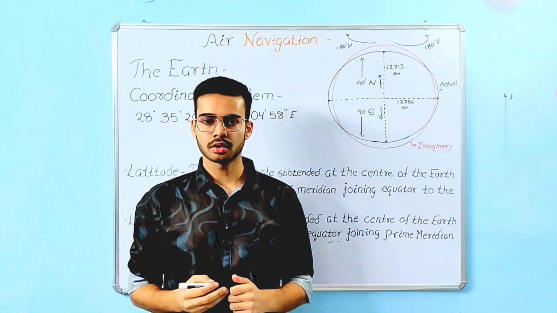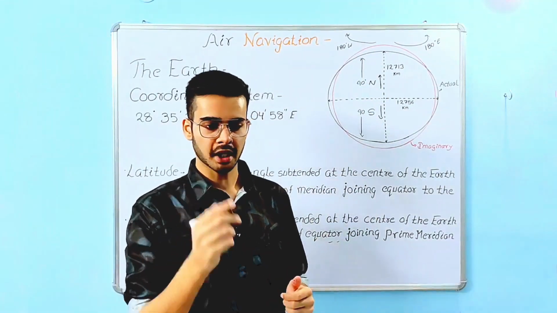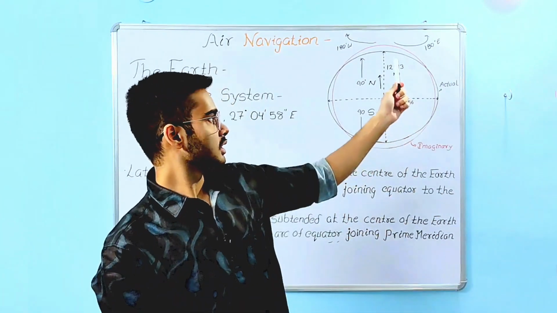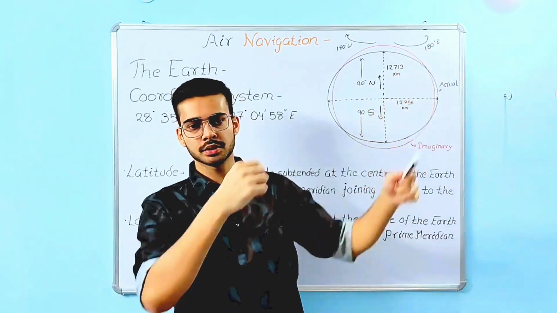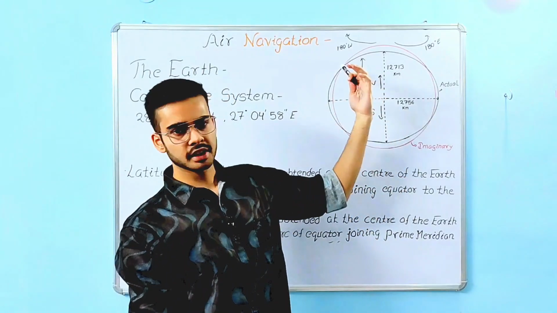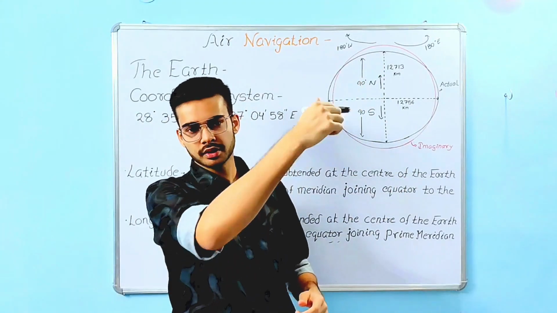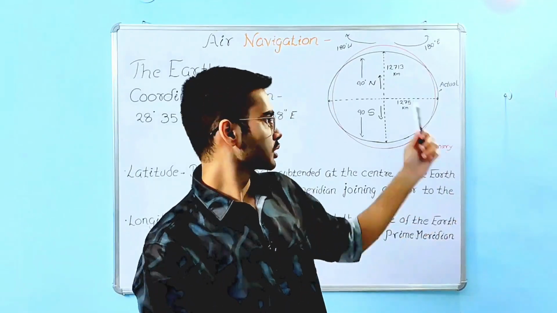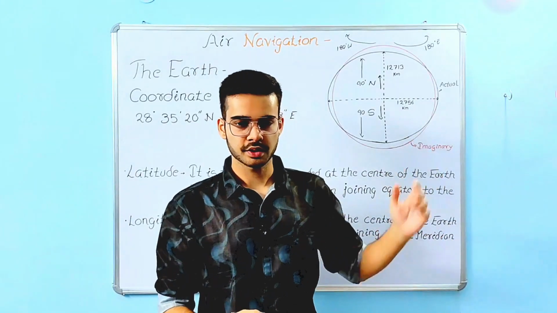This gives you a limit for the maximum range you can go using these coordinates. And if you go beyond 180 east, you will finally enter 180 west only, somewhere in that range, maybe 179 west, 178 west. So these are the basic numbers up to which we can go.